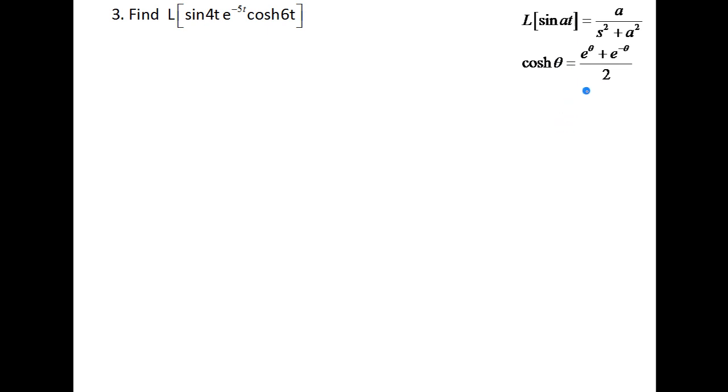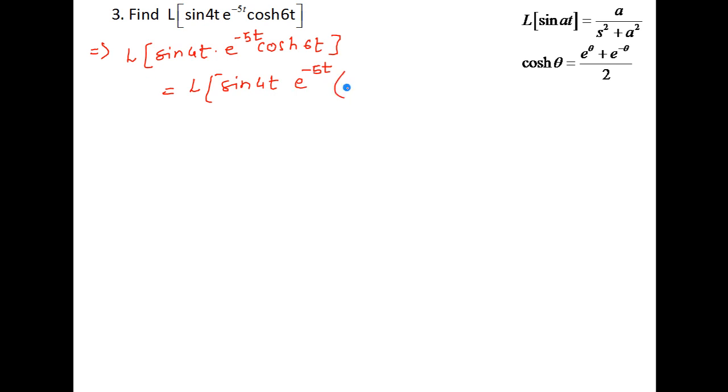So here we can write Laplace of sin 4t into e to the power minus 5t cos h 6t equal to Laplace of sin 4t e to the power minus 5t into e to the power 6t plus e to the power minus 6t upon 2.